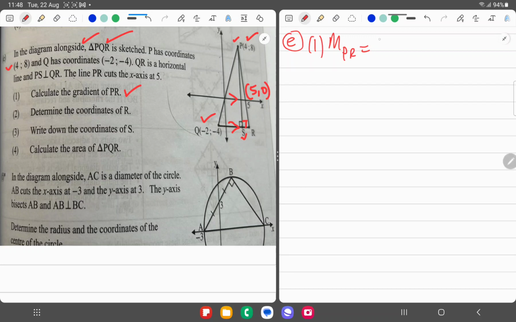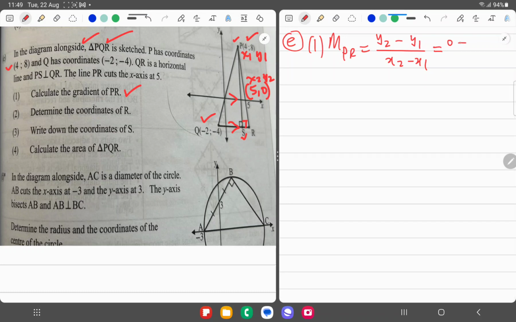So the gradient of PR can be seen as follows. You can write it as y2 minus y1, all divided by x2 minus x1. Here, this one is x1, y1 and that is x2, y2. So what is y2?